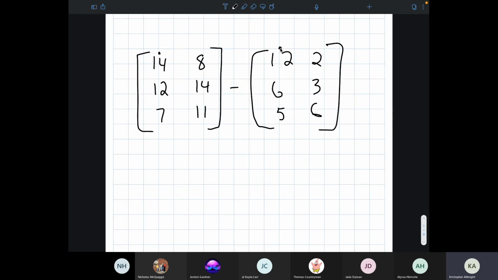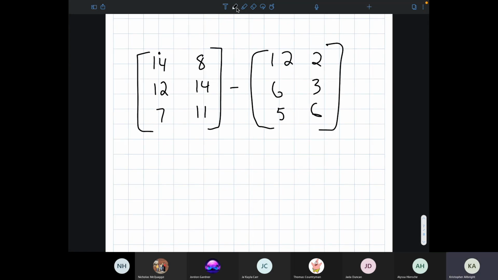This is number 7. We did number 6; this matrix that I'm drawing the arrow to was the answer to number 6. What we're doing right now is number 7.